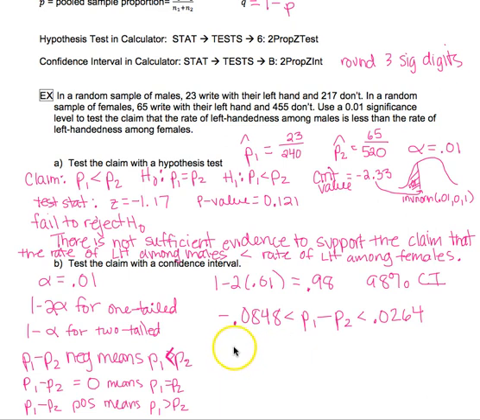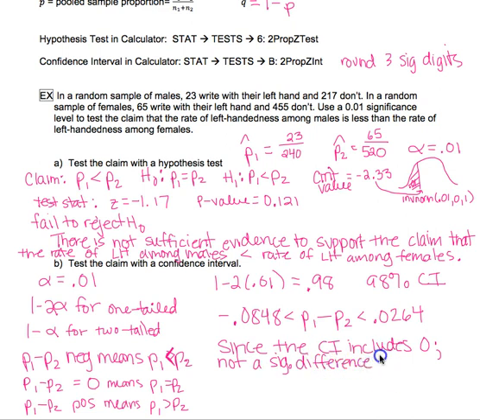So the typical way that we interpret this is we would say, since the confidence interval includes 0, that means that there is not a significant difference between P1 and P2, meaning they could be equal because 0 is in my confidence interval.